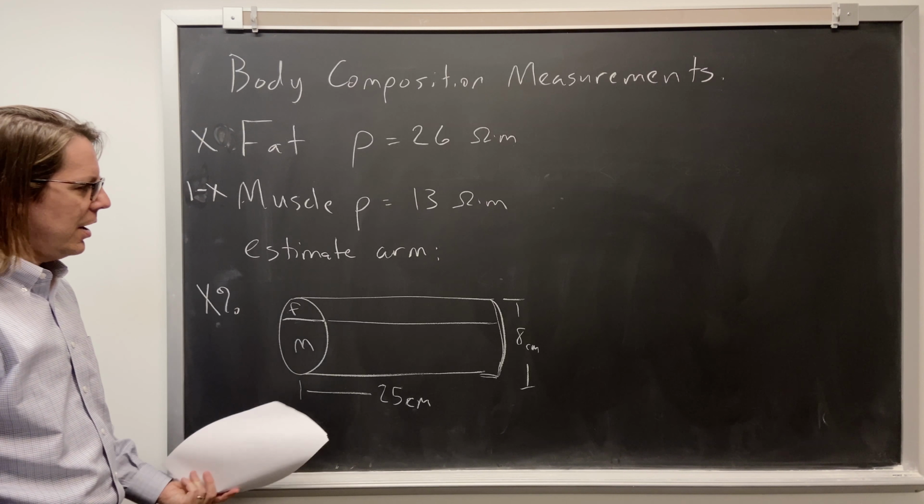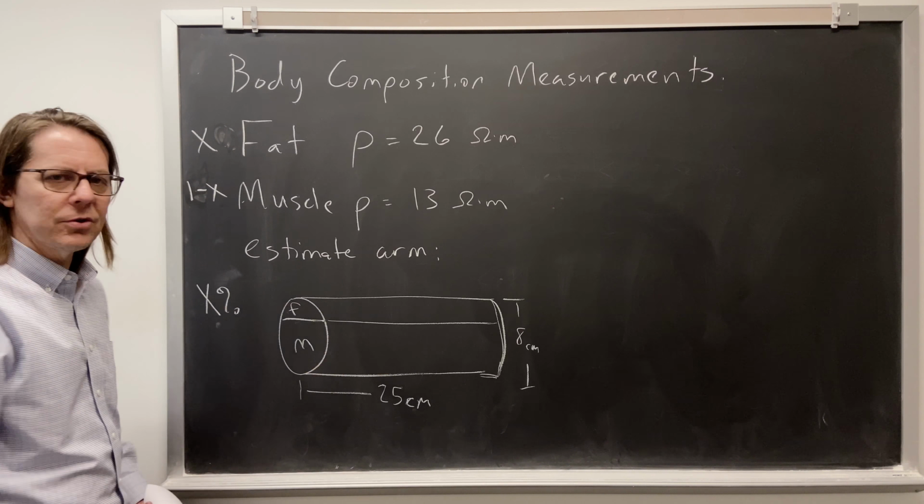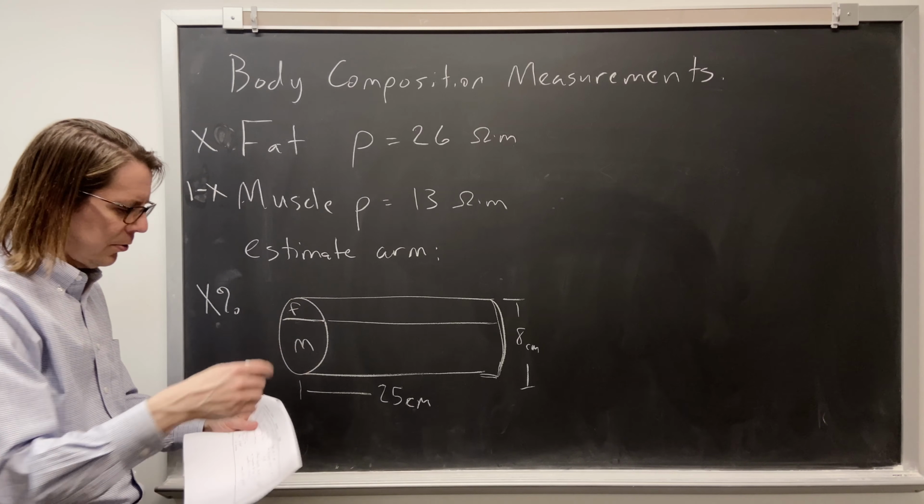Okay, so how do we do this electrically? Well, we just treat this as a circuit. We treat this as some complex resistive element.